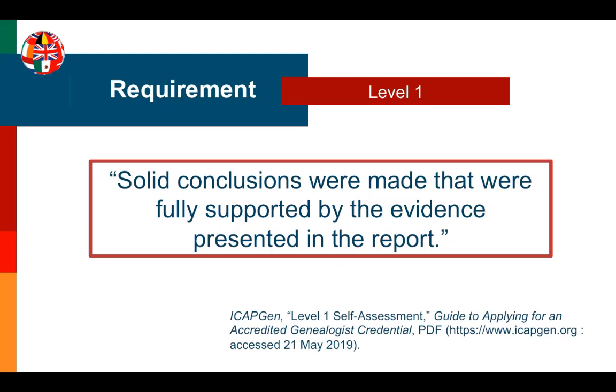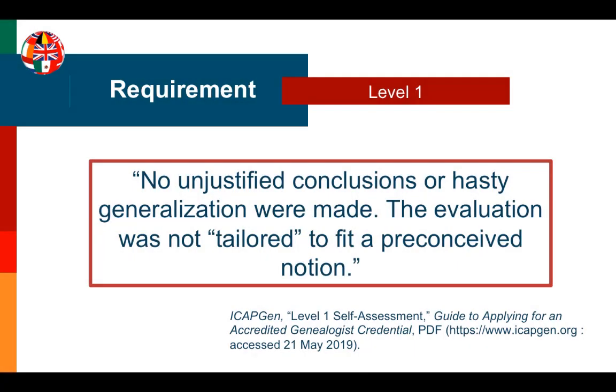A level 1 requirement in regard to making solid conclusions is solid conclusions were made that were fully supported by the evidence presented in the report. And no unjustified conclusions or hasty generalizations were made. The evaluation was not tailored to fit a preconceived notion.